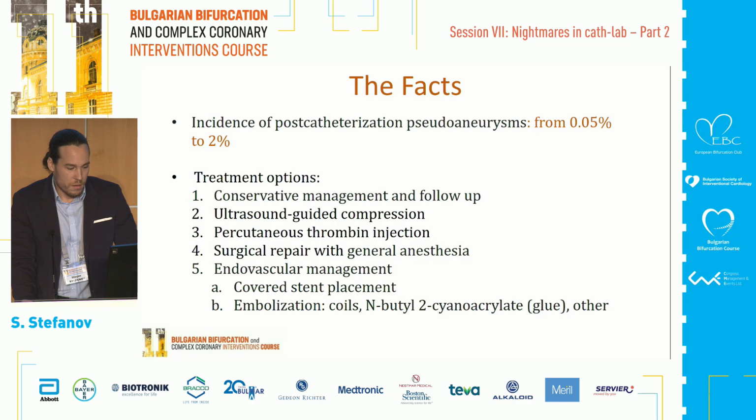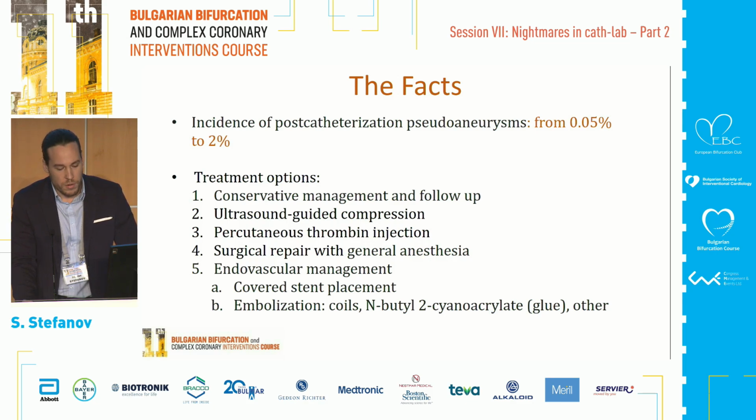The next thing we can do is percutaneous thrombin injection directly into the pseudoaneurysm, but this also is a method which is effective in smaller size aneurysms. This also has the risks of distal embolization and complications. So another option is surgical repair.